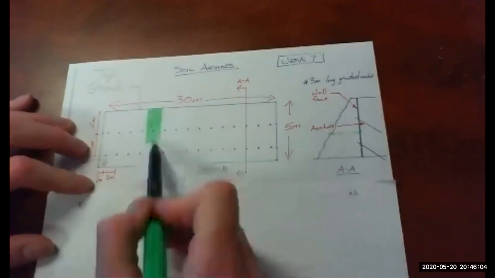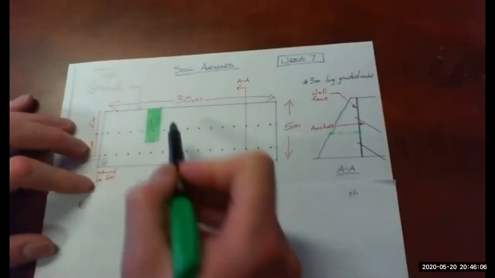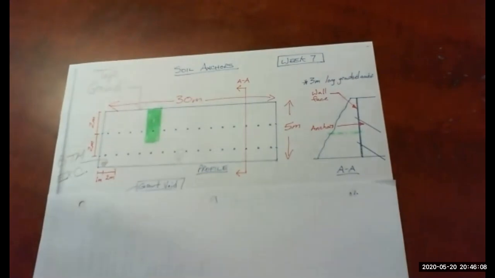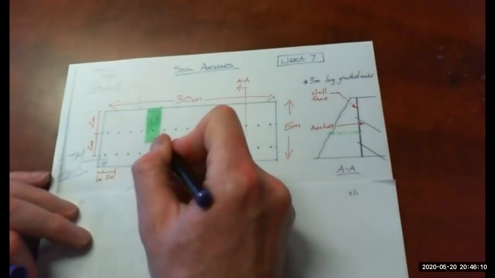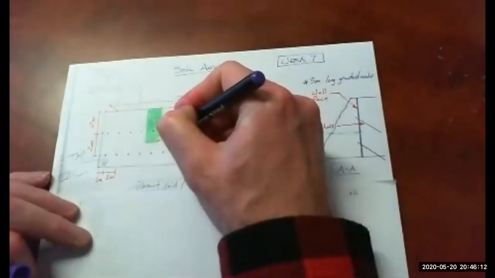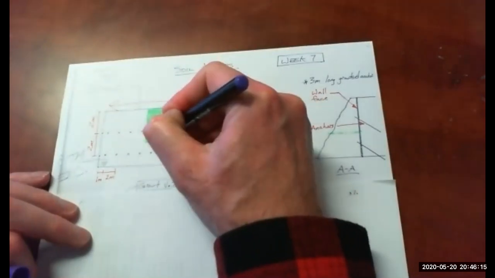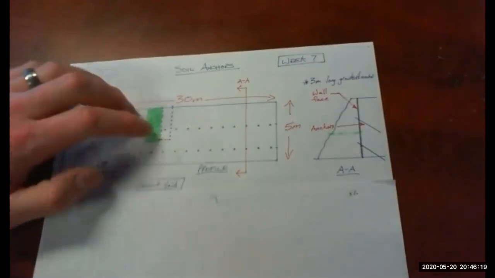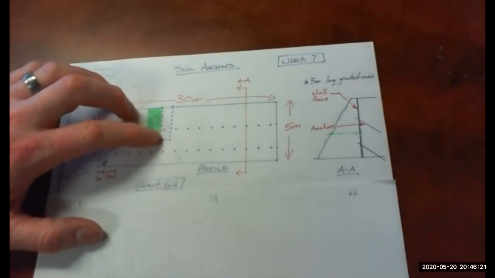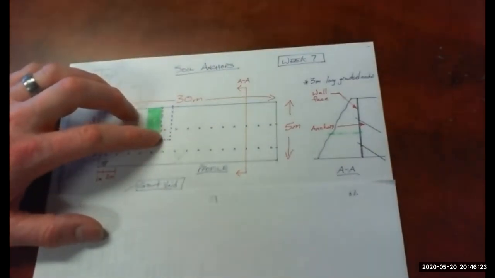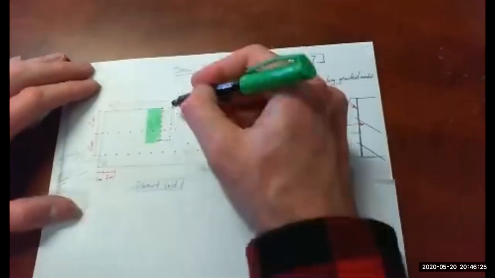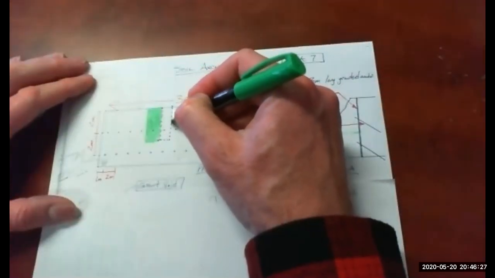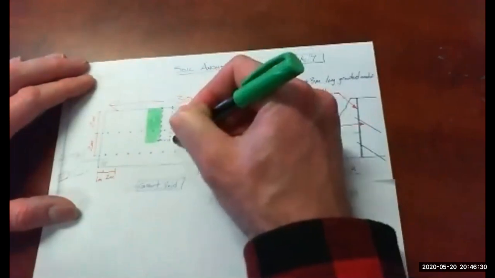So you could excavate a slot here, then you would skip a slot. I'll just do it dashed. We would skip this slot. That bit of dirt is left there, inside the purple dashed lines. Then we would come in and excavate again the next slot.